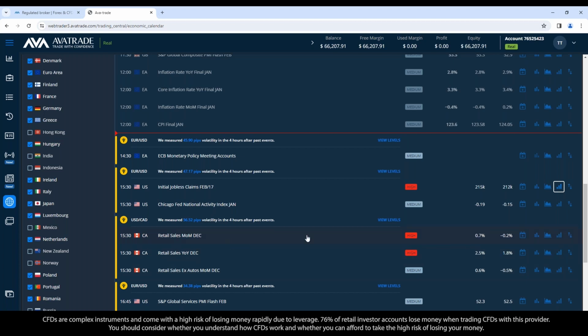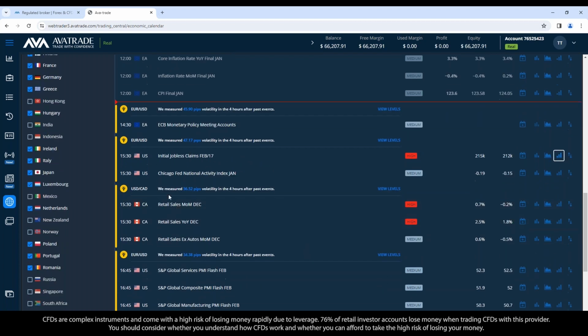So what else is coming today? This Canadian announcement, these announcements here on retail sales, are at the exact same time as the US announcement. So the US announcements tend to create bigger movements, higher volume of trading than the Canadian announcements. So if I was trading Euro USD or USD Canadian, I'm probably going to trade the Euro USD, keep the Canadian out of it.